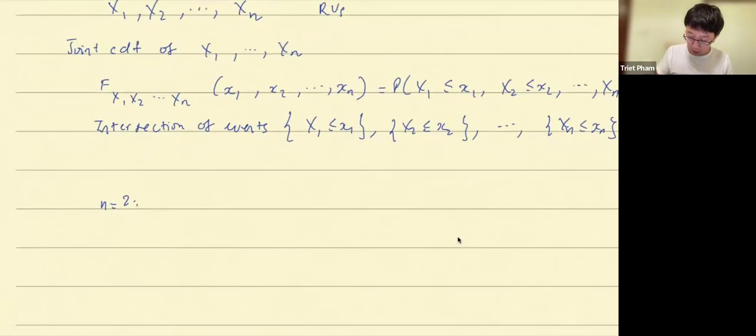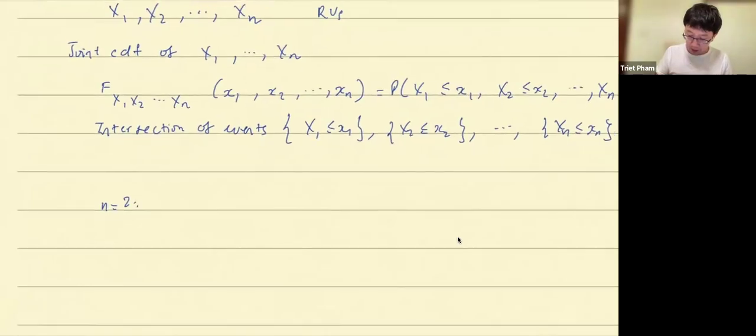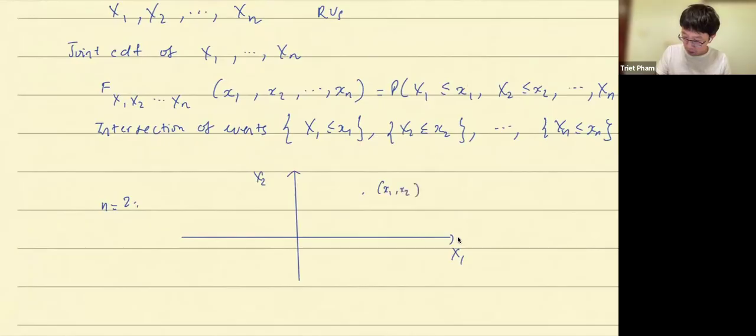So when n equals 2, we can visualize this as follows: here's x1, here's x2. At the point (x1, x2), you're looking at the area to the left of x1 and below x2.